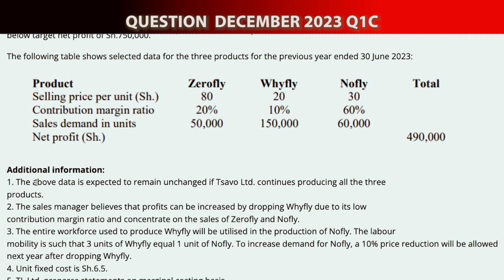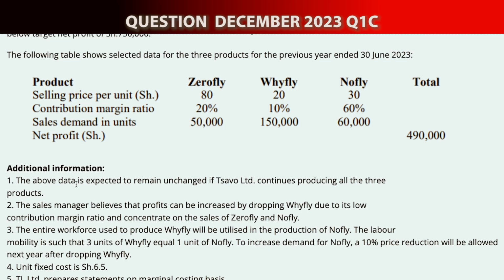Additional information number 1. The above data is expected to remain unchanged if TL Limited continues producing all the 3 products. The sales manager believes that profits can be increased by dropping Y fly due to its low contribution margin ratio and concentrate on the sales of zero fly and no fly.